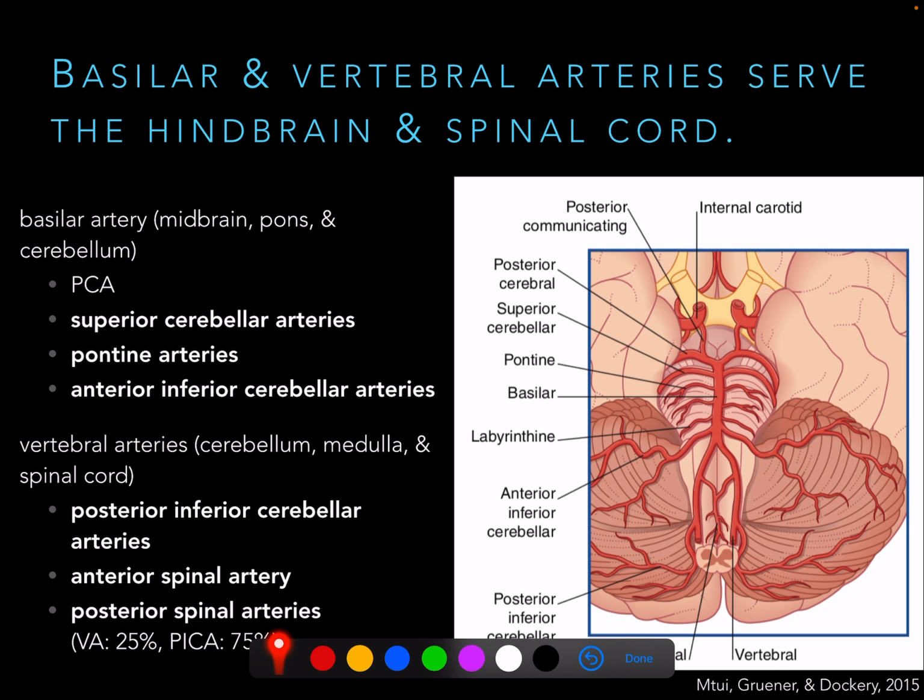The vertebral arteries form the anterior spinal artery, the posterior inferior cerebellar artery, and the posterior spinal arteries, at least in some people. In the majority of people, the posterior spinal arteries are a division of the PICA, the posterior inferior cerebellar artery.